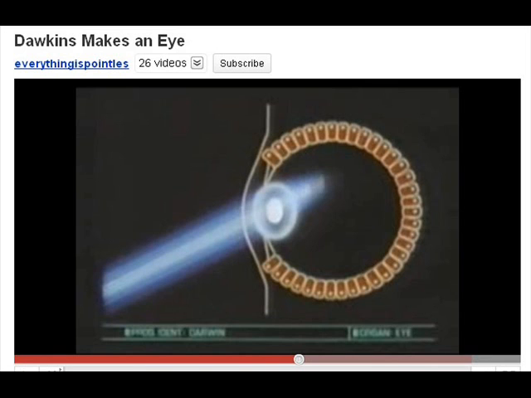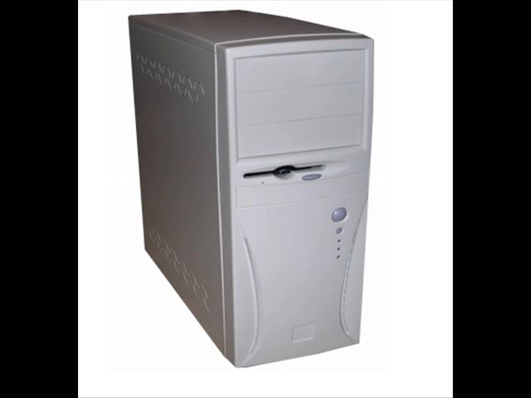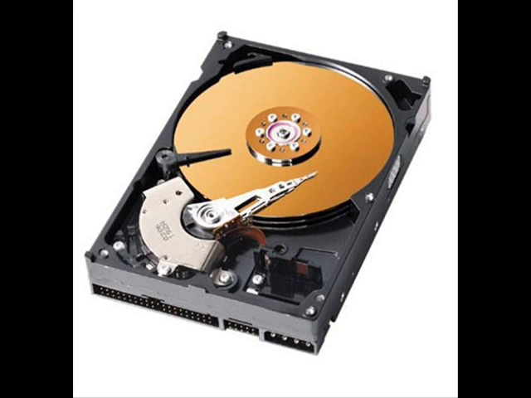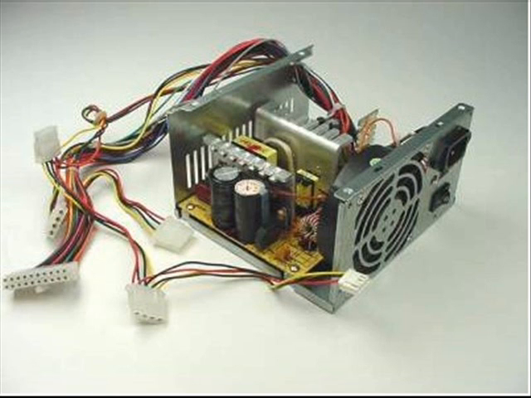Let's dissect Dawkins' video. "I want to see if I can design an eye using those principles from scratch, a bare patch of skin." From scratch? To claim you are starting from scratch using a light-sensitive patch of skin is like saying I'm going to build this computer from scratch, but the motherboard, the processor chip, the memory chips, the hard drive, and the power supply are already in place.